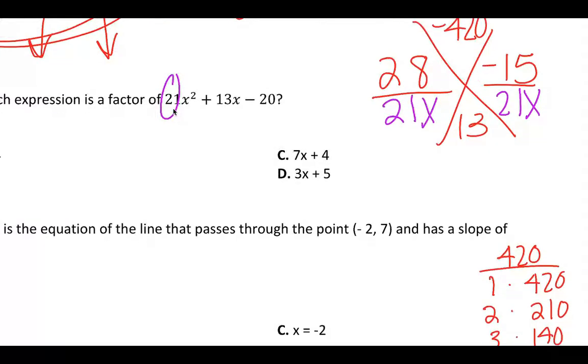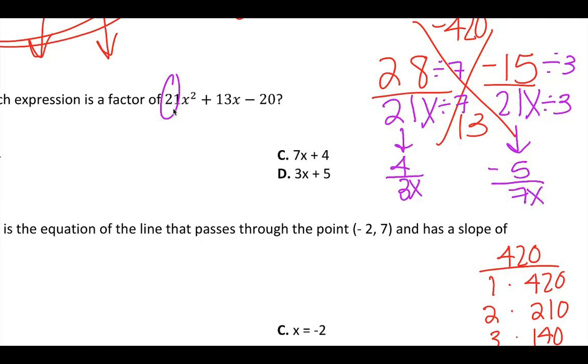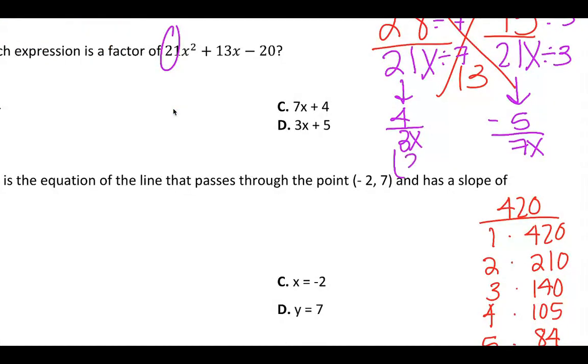So these can be divided by 7. I'm left with 4 over 3x, and this one can be divided by 3, negative 5 over 7x. Then when I change them into factors, 3x plus 4 times 7x minus 5.